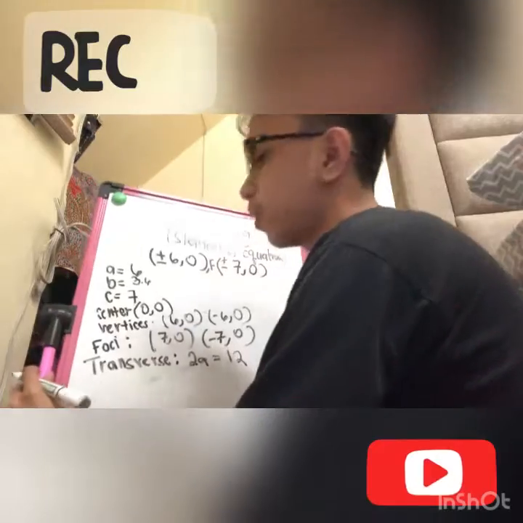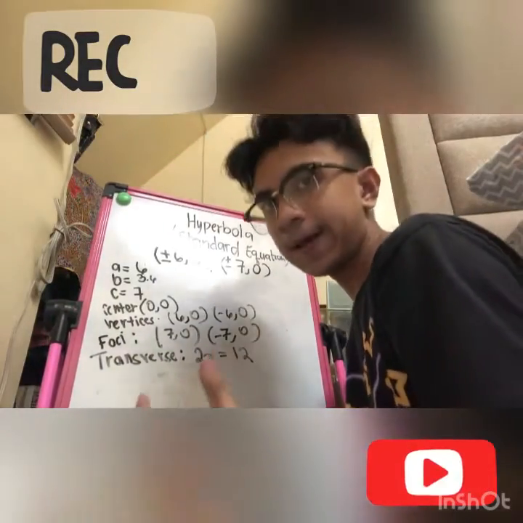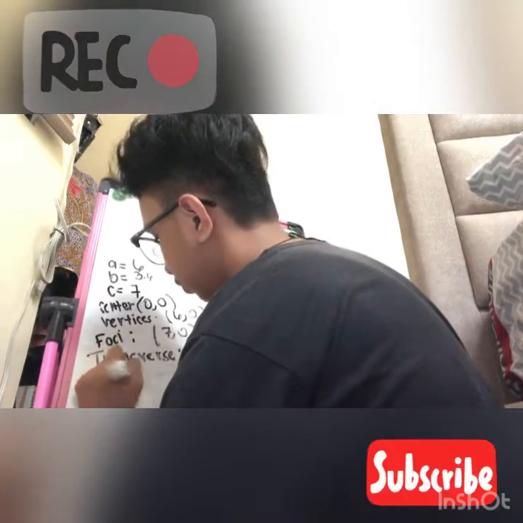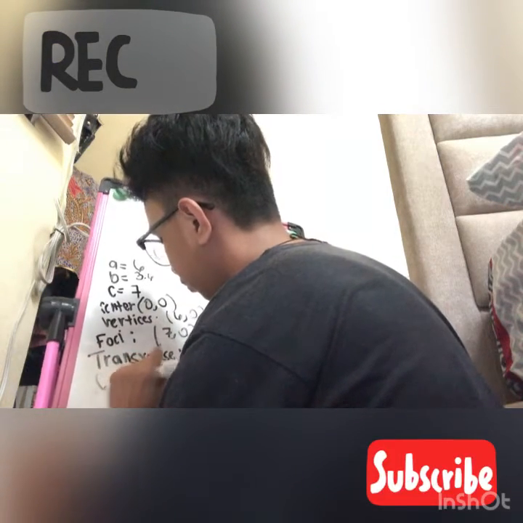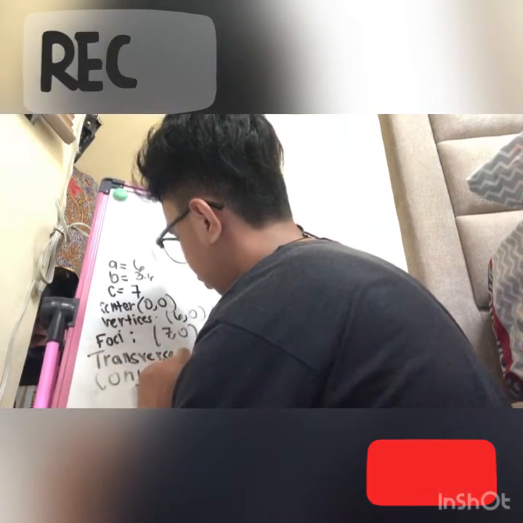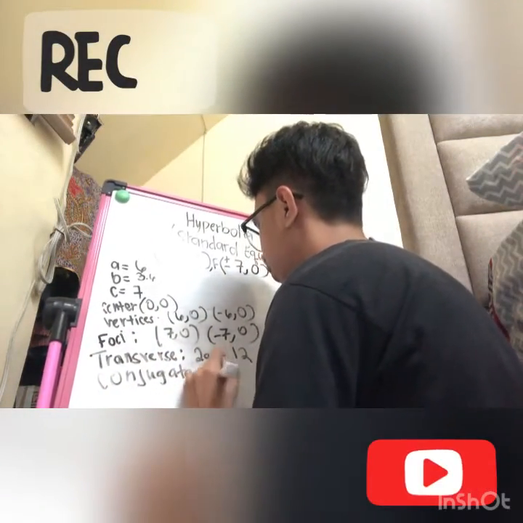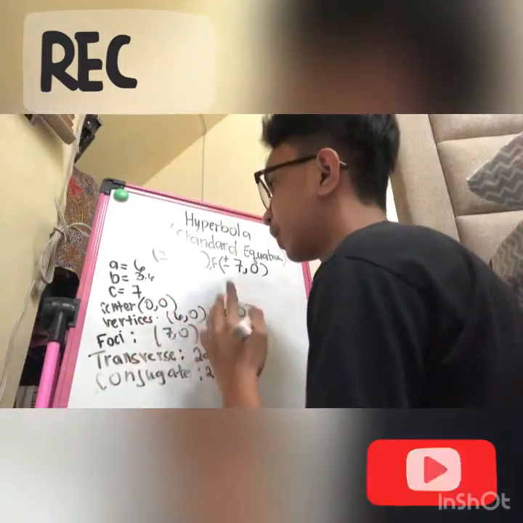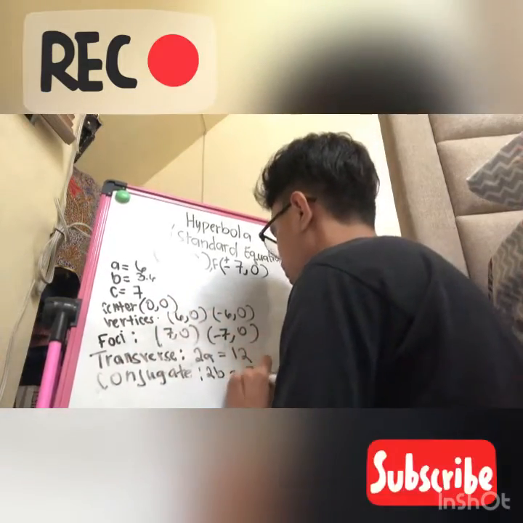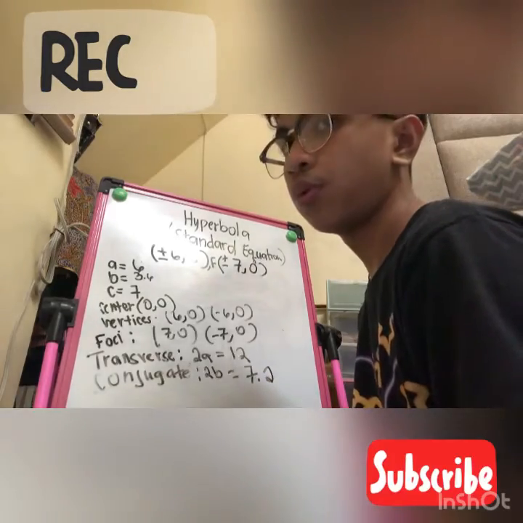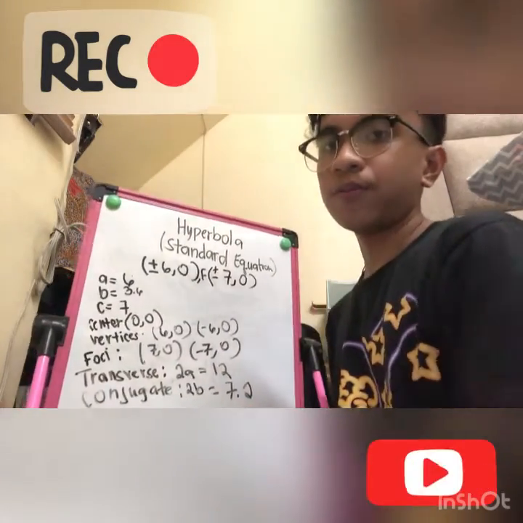Let's solve the conjugate axis first: 2b, 2 times 3.6 is 7.2.